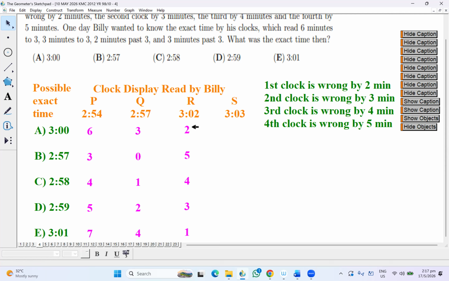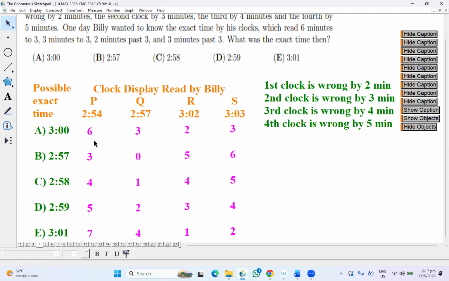Then 2 minutes, 57 means 5 minutes, then 4 minutes, then 3 minutes, and 1 minute. Then 3, 6, 5, 4, 2 against the possible exact time. Then we want to see that the 4 clocks are wrong by these 4 amounts.